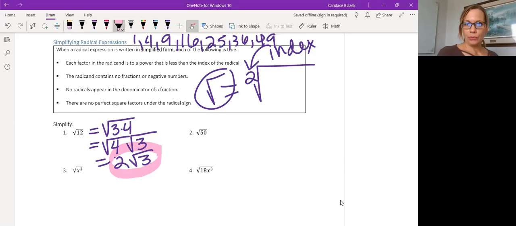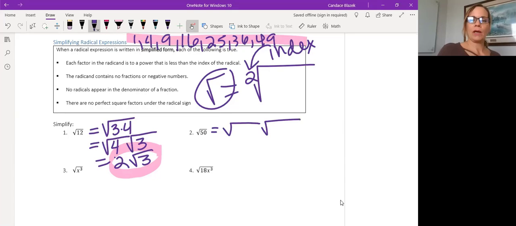Let's try number 2. All right, with number 2, I have the square root of 50. When I look at the factors, I can't have any perfect square factors because I can simplify them. So I'm going to make my 2 buckets.